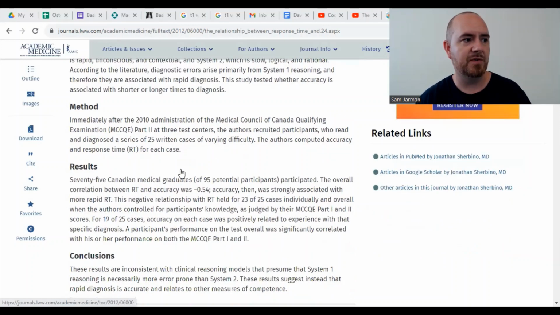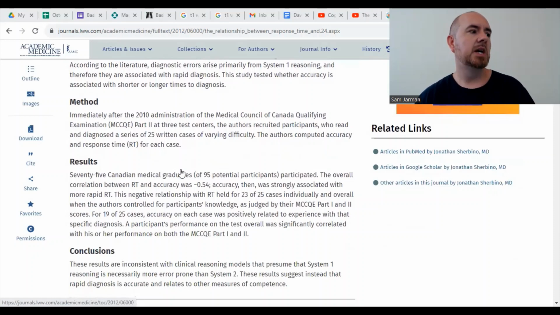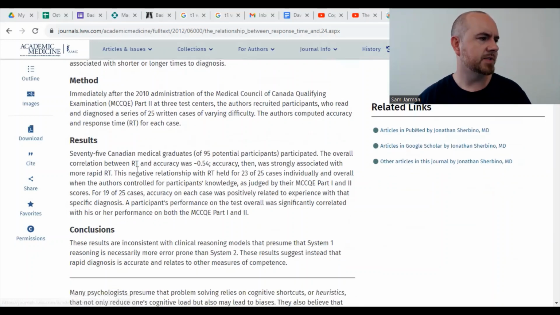And the essential finding is that the faster somebody diagnosed or the faster they had their output, the more accurate they were. What that also related to, I'm going to read the results so that I can put this together a little bit more accurately.